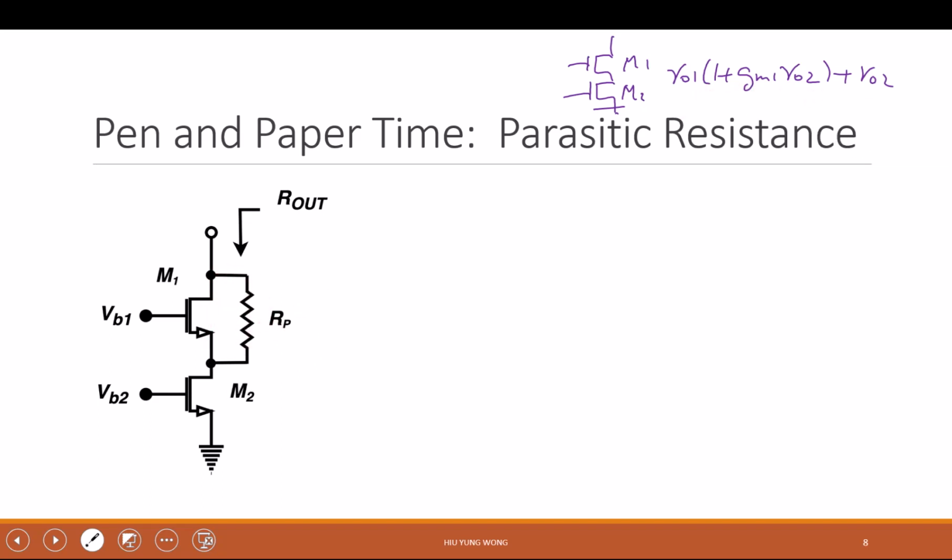If we draw the small signal model, and then if we can combine them, then maybe you realize that you might be solving the same equation, then you can do some substitution.